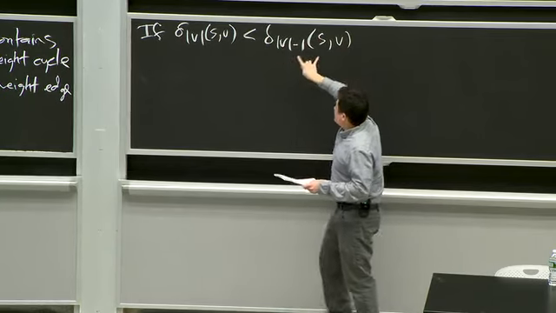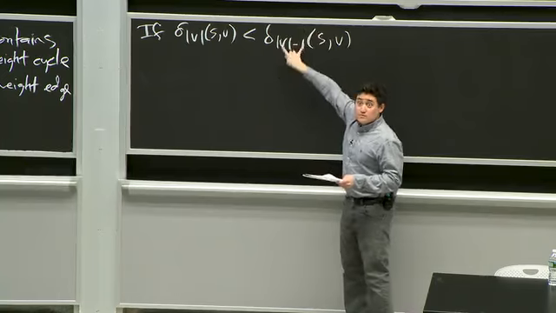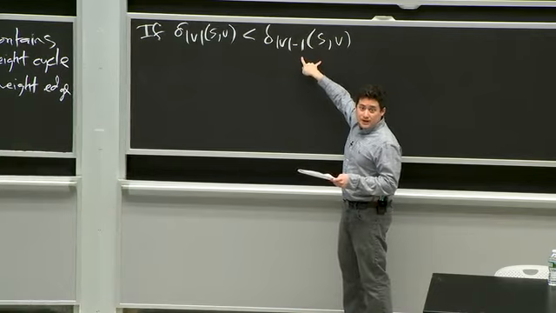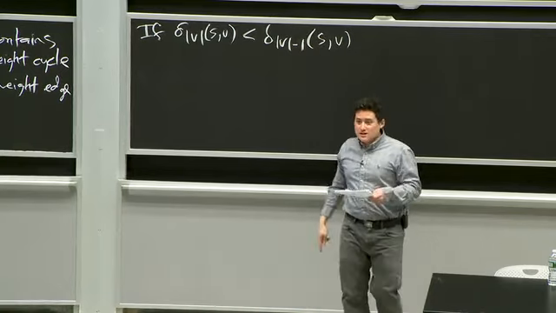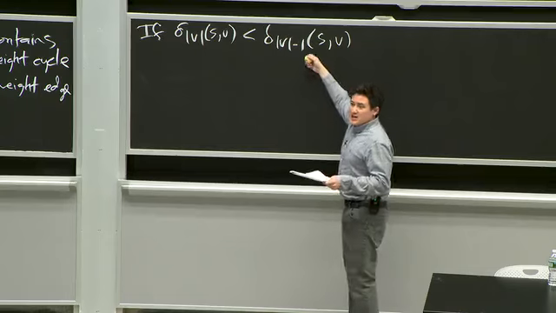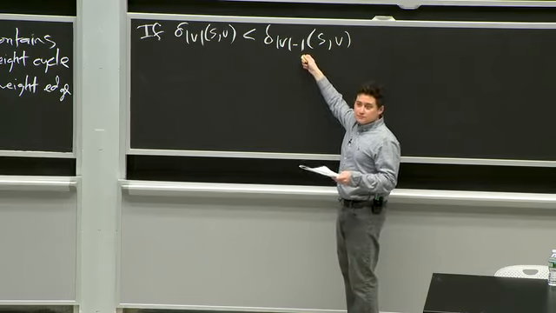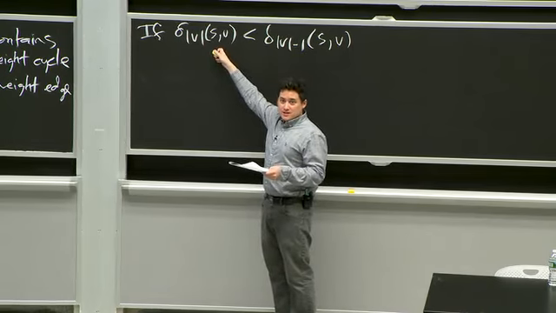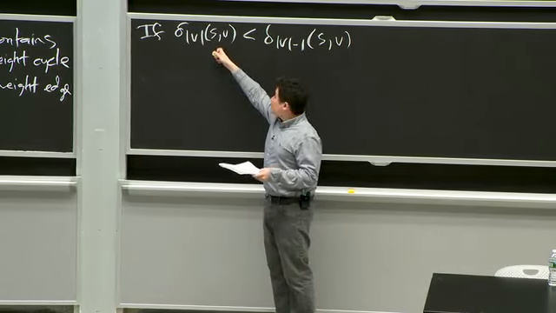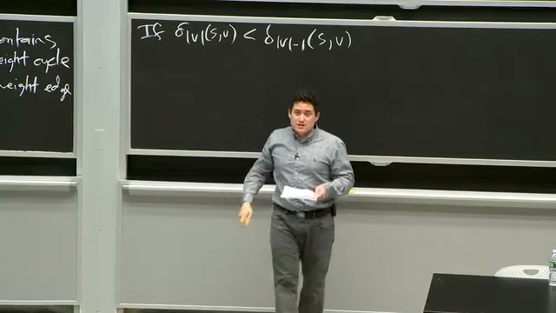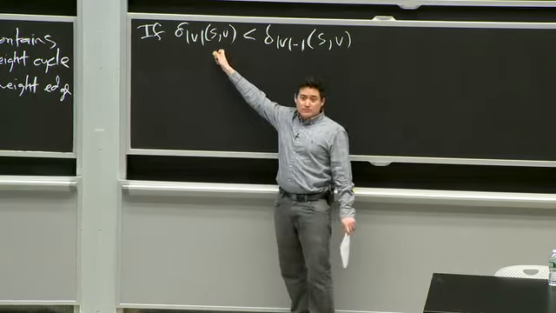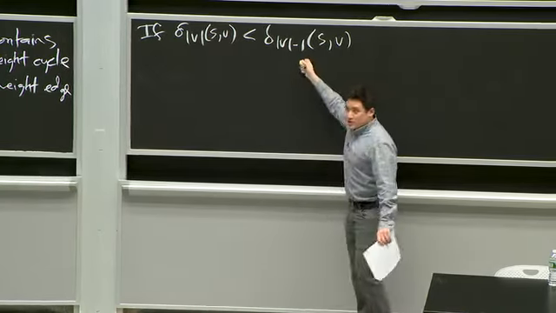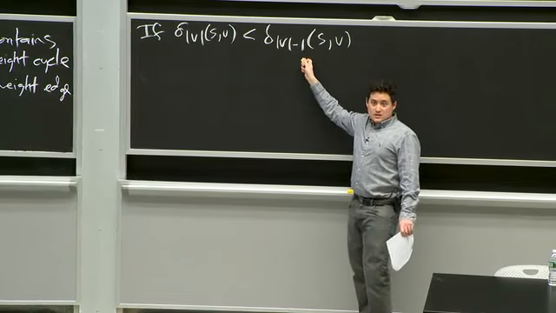Basically, delta V minus 1 is the shortest path distance of any simple path, and possibly ones that also contain cycles, but definitely it includes all the simple paths. If there's a shorter path to my vertex that goes through more than V minus 1 edges, this path can't be simple, because it goes through a vertex more than once. Otherwise, it would be included in this distance set.